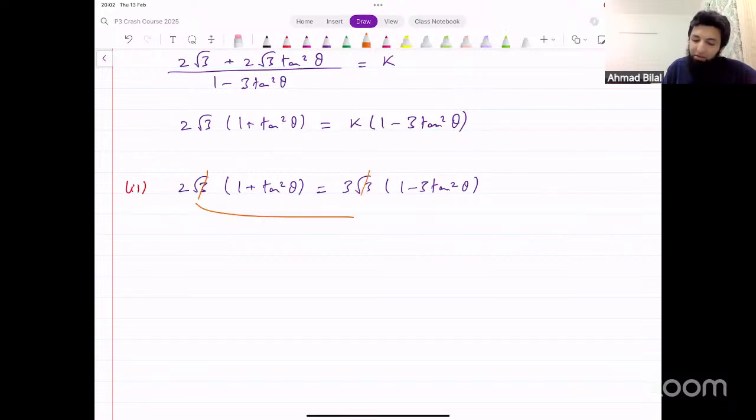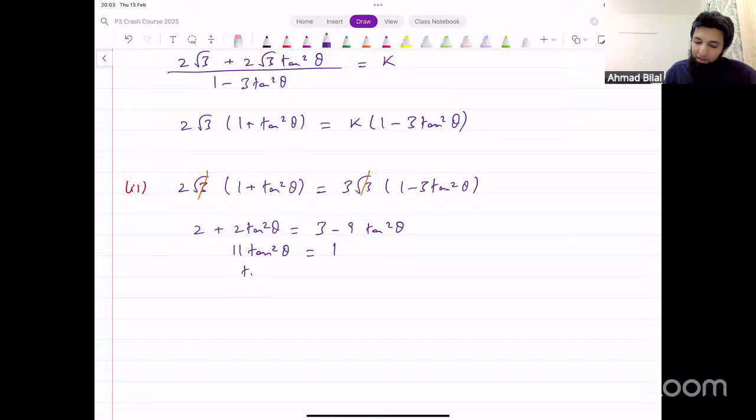Because we can divide it on the other side. It'll get eliminated. And then the rest of it, we can simplify 2 plus 2 tan square theta. That equals 3 minus 9 tan square theta. And that gives us 11 tan square theta equal to 1. Tan square theta equal to 1 over 11.